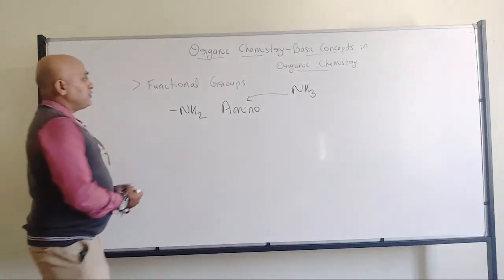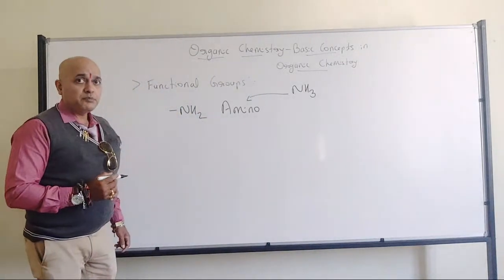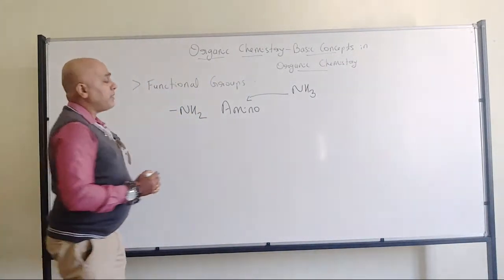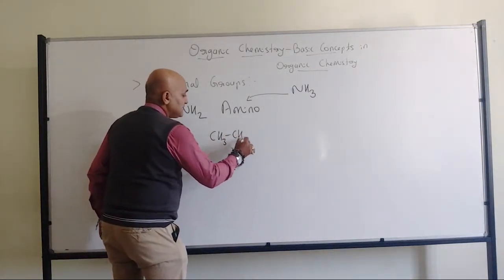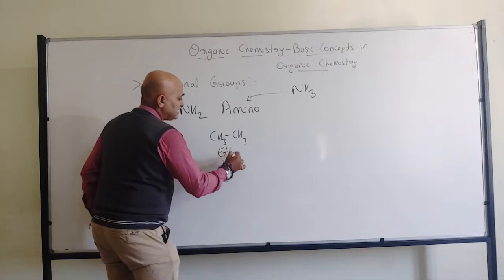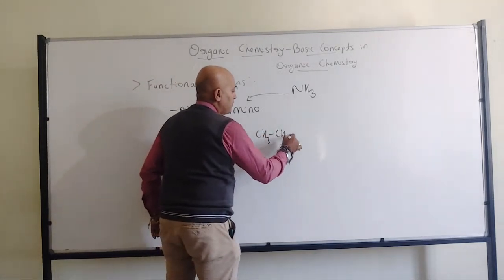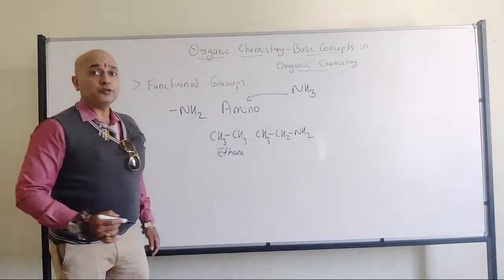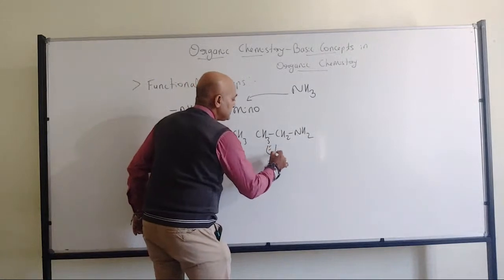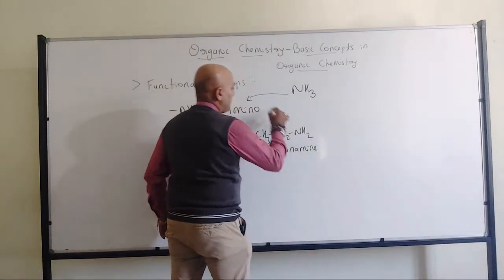Now, the name of the molecule always ends with amine, ethanamine. So, for example, CH3, CH3. It is nothing but ethane. But when it is attached to the amino group, I will call it ethanamine.